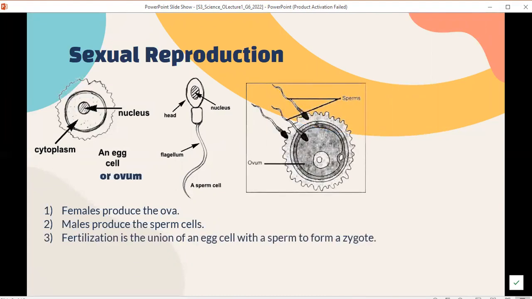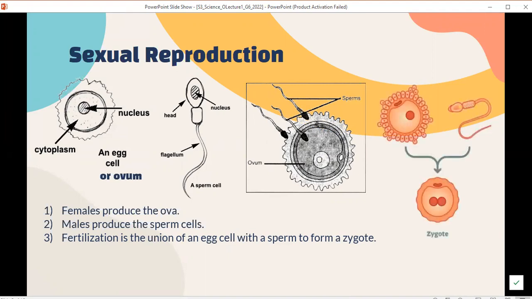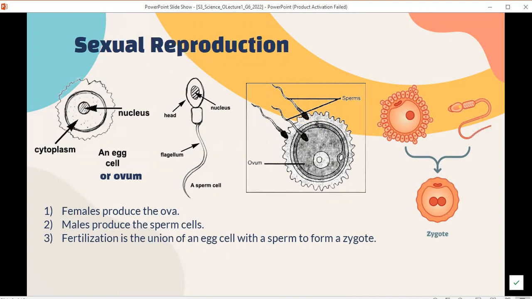This is the fertilization process, when the sperm fertilizes an ovum to make an egg cell or a zygote. So again, the female cell, the ovum, combines with the male reproductive cell, the sperm, to make a zygote.